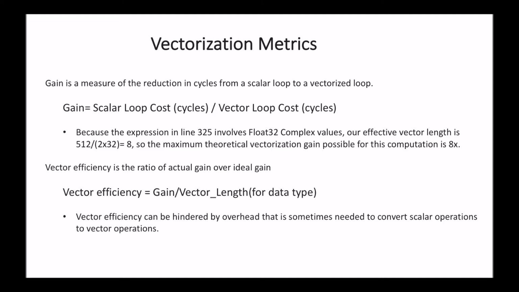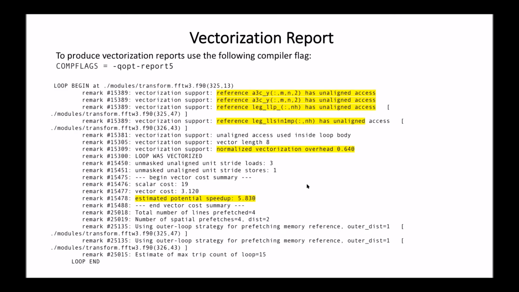Now, vector efficiency can be hindered by overhead that's sometimes needed to convert these scalar operations to vector operations. Shuffling memory is one thing. And then we can get a look at what's actually going on in the compiler during its automatic vectorization by compiling a vectorization report.